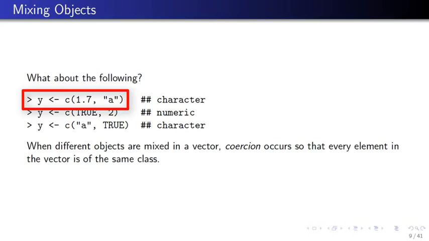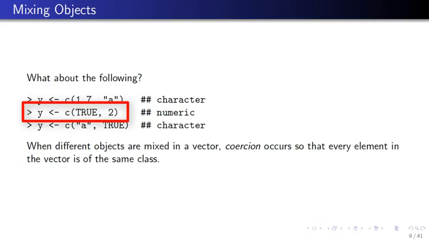Clearly these are not of the same class. One is numeric and the other is character. So the least common denominator here is going to be character. And so y is going to be a character vector where the first element is the string 1.7 and the second element is the letter a.